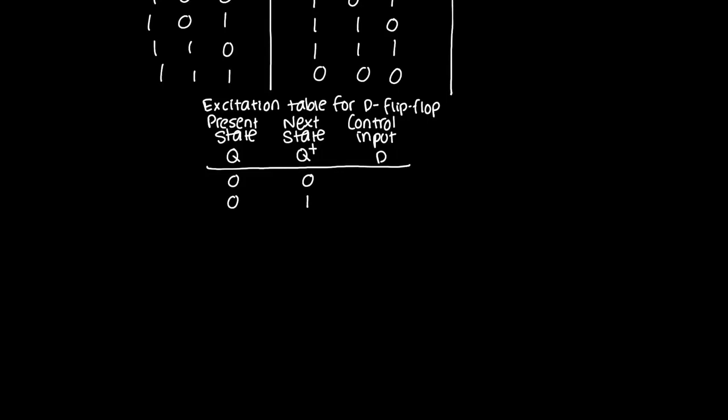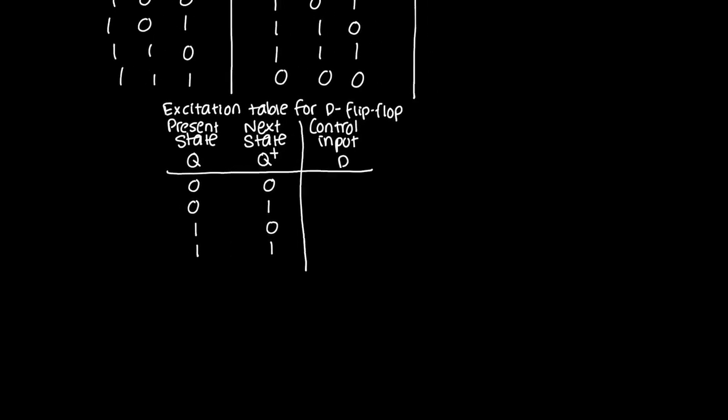Or I could say that my present Q output is 1, but I want the next Q output to be 0. And finally, I can say that my present output Q is 1, and I want my next output Q to be 1. And what should D be in all of these cases?